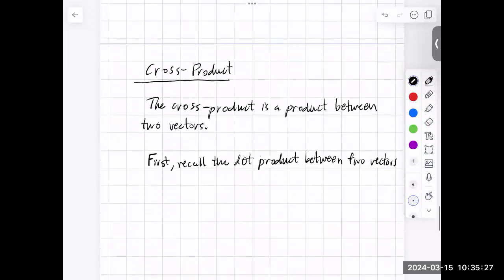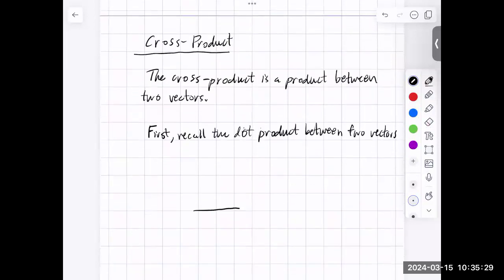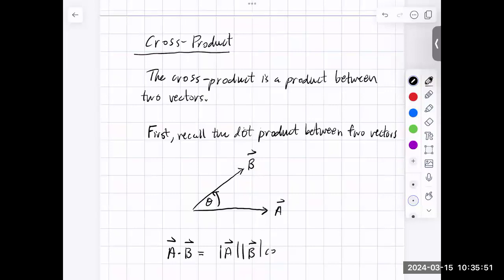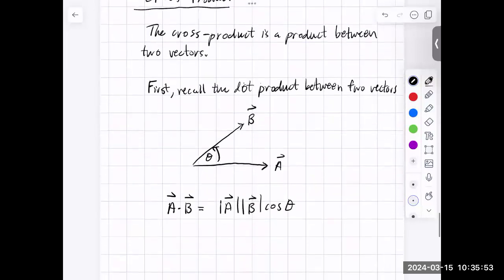All right, so I'll draw two vectors in the plane of the page. We'll have some vector A and then another vector B, and there'll be some angle theta between the two. Okay, so the dot product, A dot B, was equal to the magnitude of A times the magnitude of B times the cosine of the angle between them.